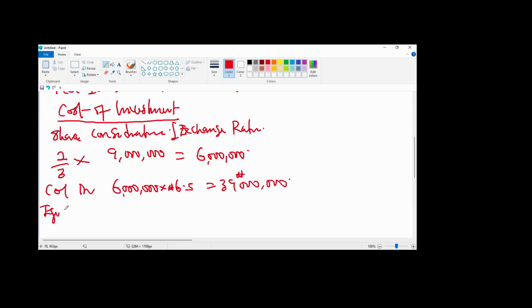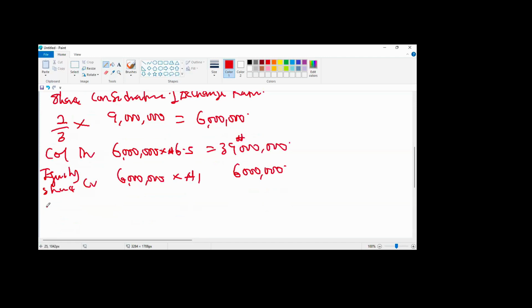Equity shares will be credited by saying 6 million times the nominal value, which is 1 naira. In case it is not given, I will assume it is 1 naira. That will give me 6 million. Has it created a premium? Yes. Share premium will be credited.